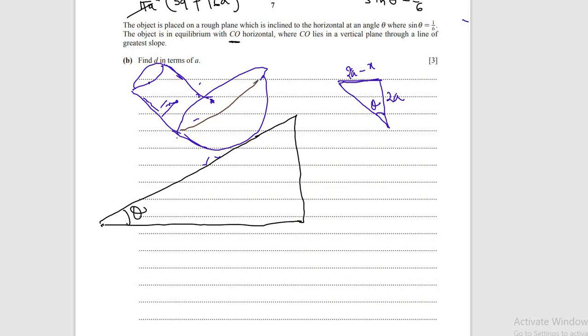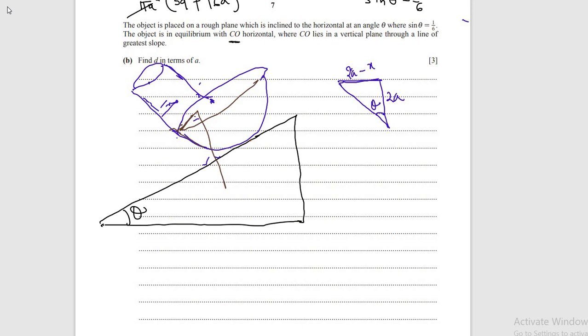This one will be clear. Let me draw the line. From here to here is the horizontal center of mass. So it's tilting, so there'll be a line here like this.